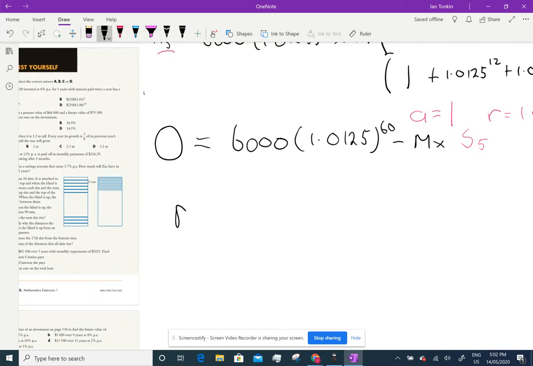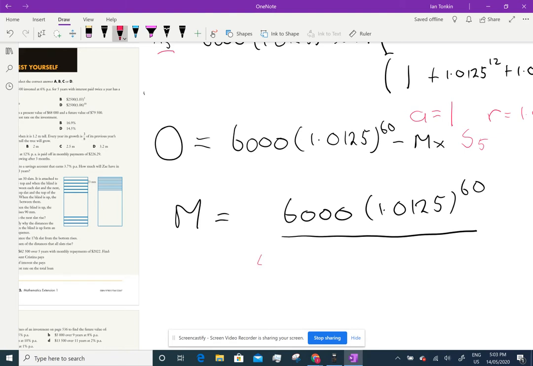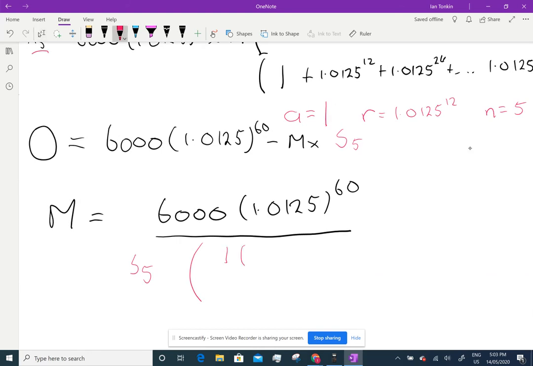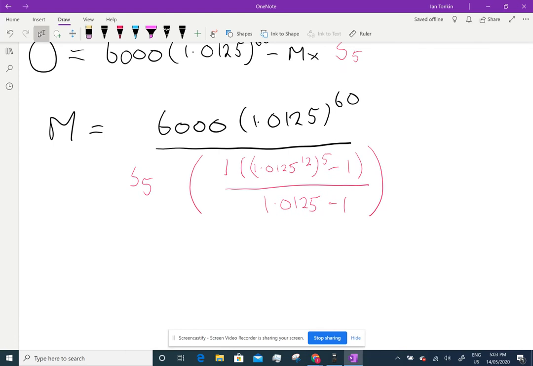So let's take that over, and I'm going to get this m over here: m equals 6,000 times 1.0125 to the 60 over s of 5, which is, and you've got to write this, my a is 1, my r is 1.0125 to the 12, but I have to raise that to the 5, minus 1, over 1.0125 to the 12 minus 1. Okay.